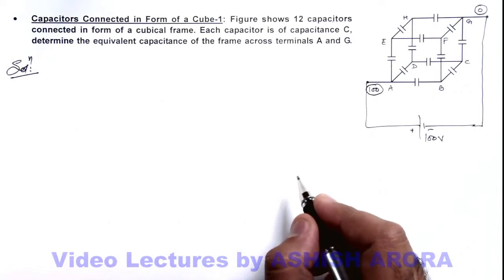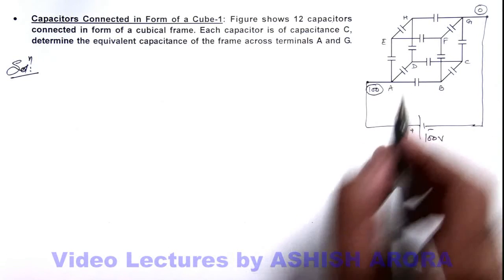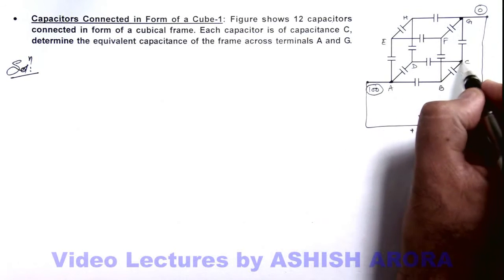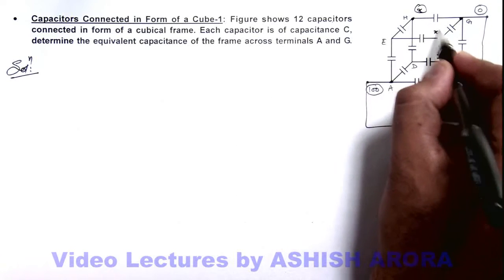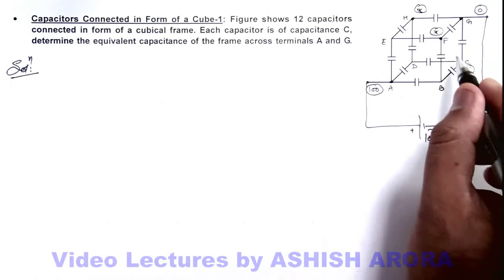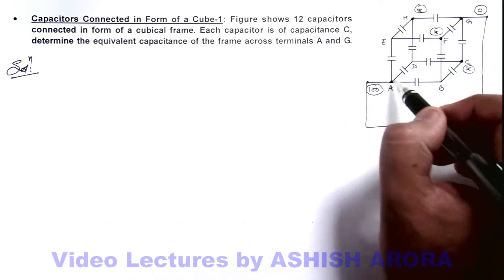The potential at this point is 100, here it is 0. So by symmetry, on these three nodes the potential must be the same. Say we mark it X, X and X, because these three nodes are at the same separation from 0 as well as 100.